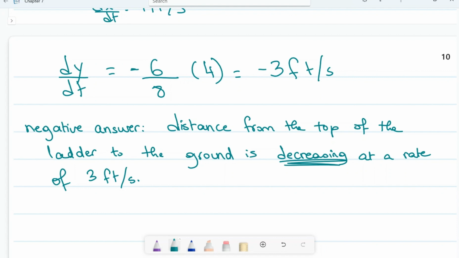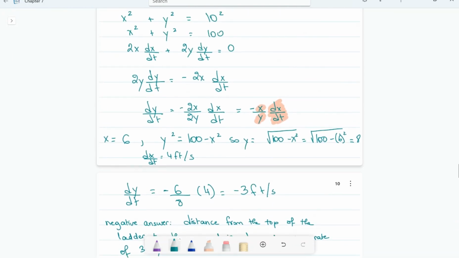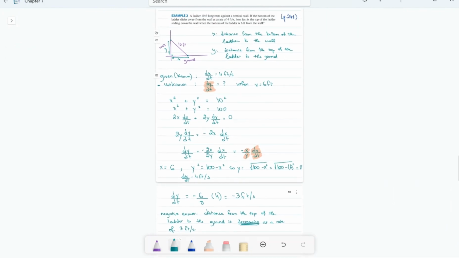Or you can say that the ladder is sliding down at a rate of 3 feet per second. And this is how we solve this problem.